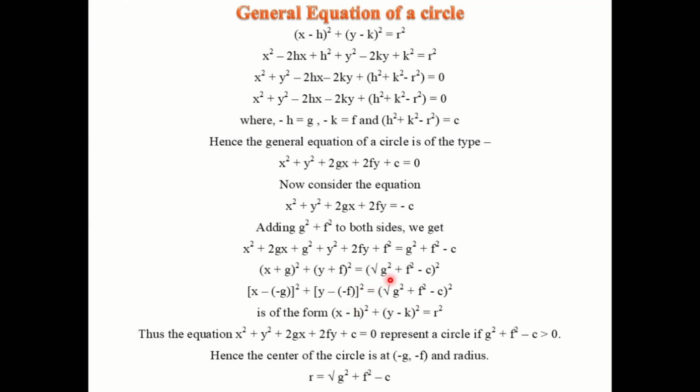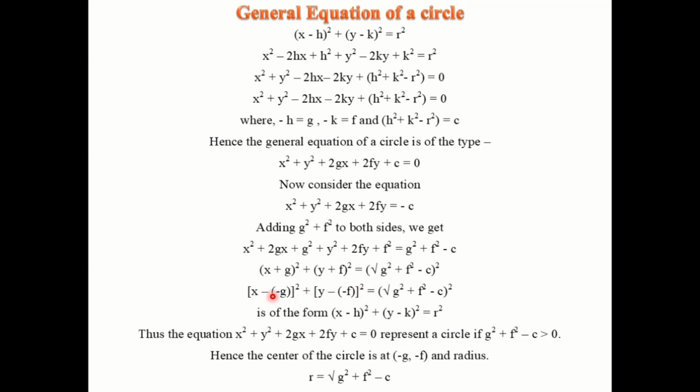(square root of g square plus f square minus c) bracket square. Again, here all are squares. Now we know that previously we wrote minus h is equal to g and minus k is equal to f. So we can write x plus g as x minus minus g, and y minus minus f.